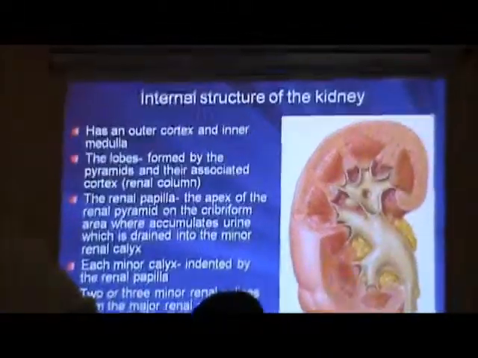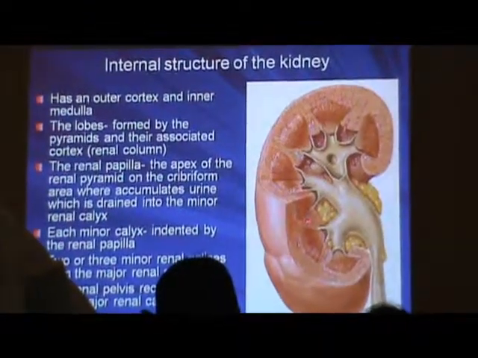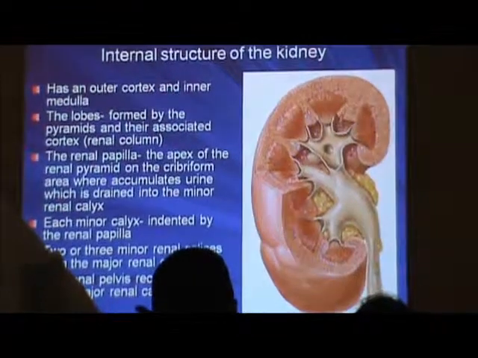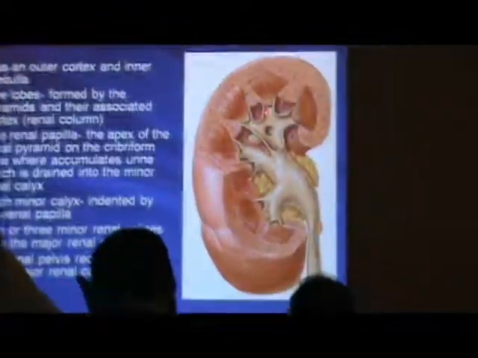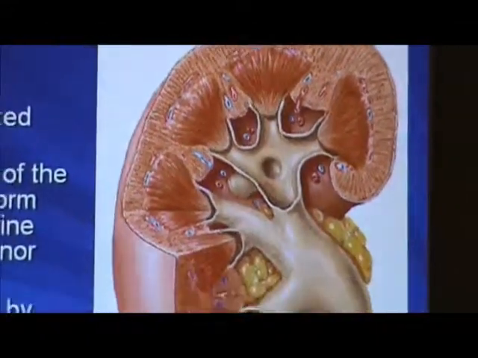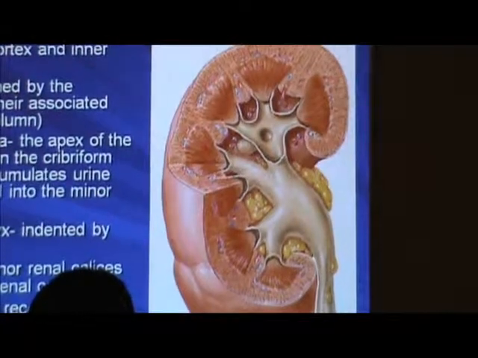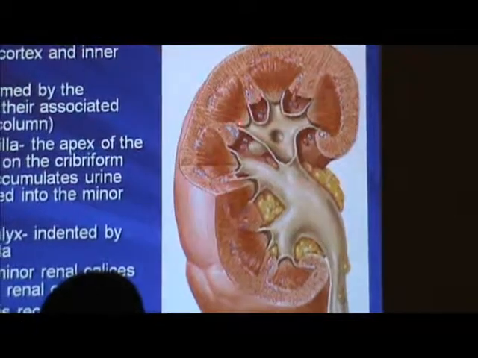So if you find a pin here, you need to write the renal pyramid. But if you find a pin here, this is the renal column, which belongs to the renal cortex. The renal papilla is an apex of the renal pyramid on the cribriform area, where the final urine accumulates, which is drained into the minor renal calyx.